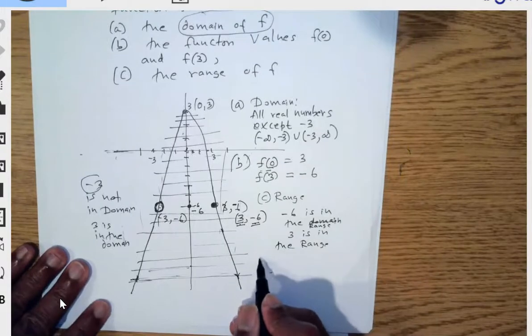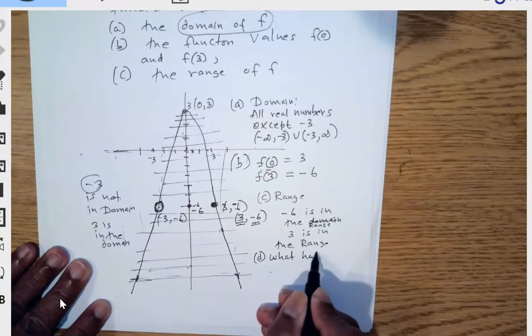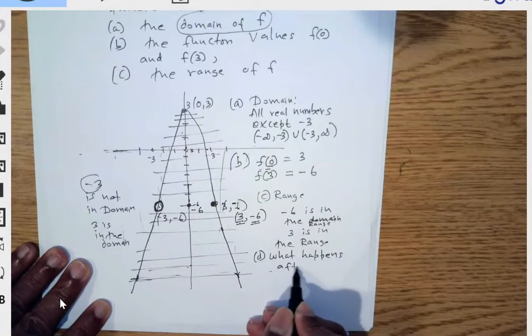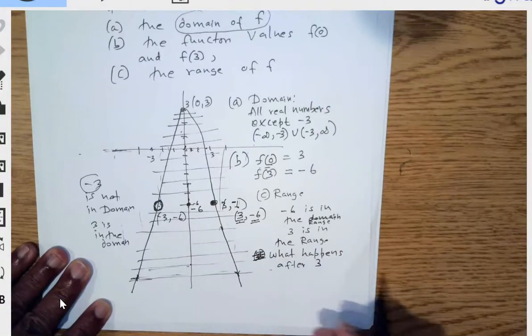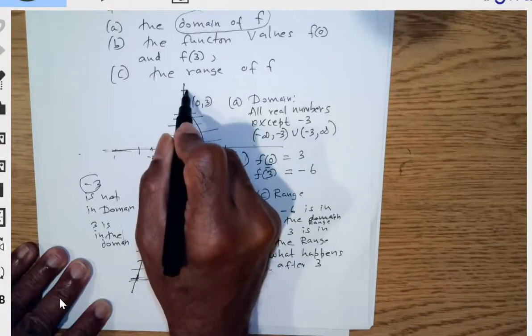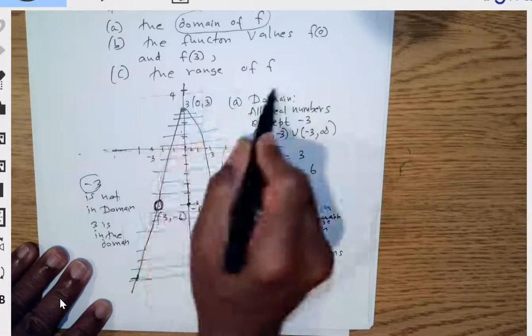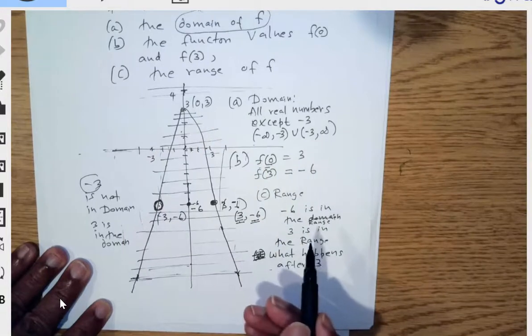But now the question is, what happens after 3? After 3, for example, if you take something like 4, there is no graph here. In other words, there is nothing to hit 4.